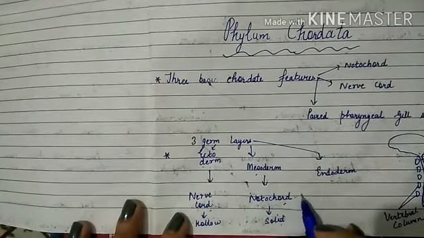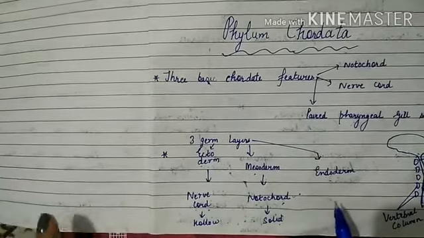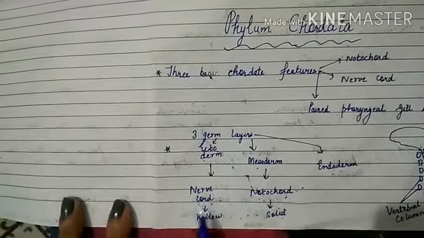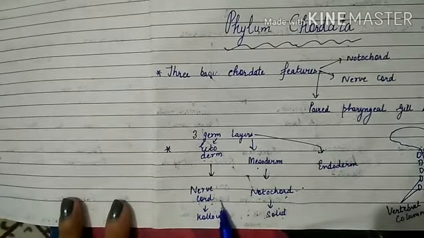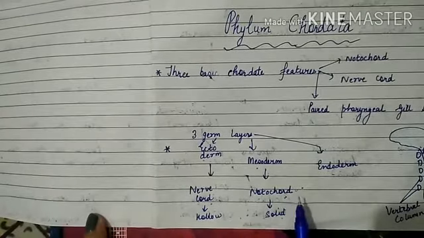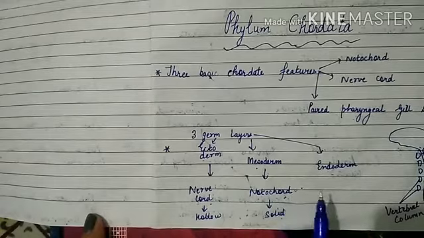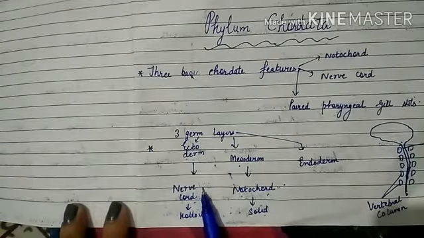The notochord is solid in nature and the nerve cord is hollow. The nerve cord gives rise to the brain and spinal cord. But the notochord is replaced by the vertebral column.